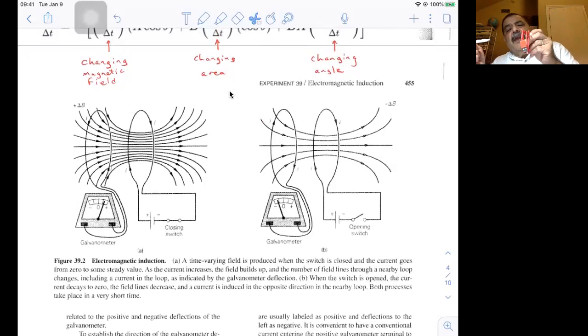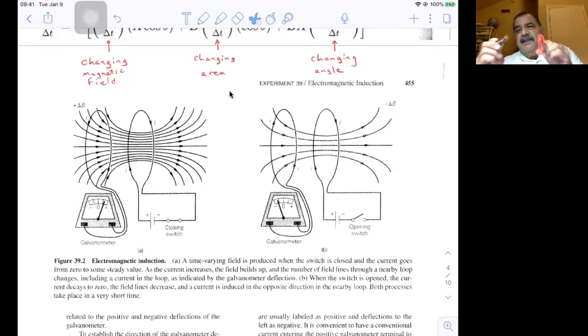As I'm putting the magnet in, it's a growing magnetic field, so it's going to produce a magnetic field that opposes the growing magnetic field. As I withdraw the magnet, it's going to want to reinforce that magnetic field, and so we'll get the opposite deflection.